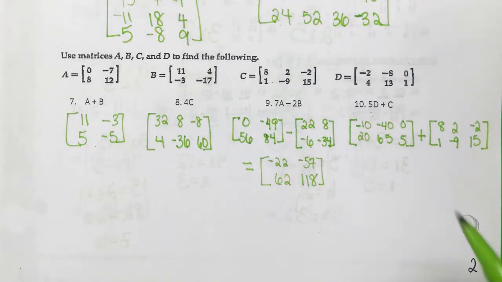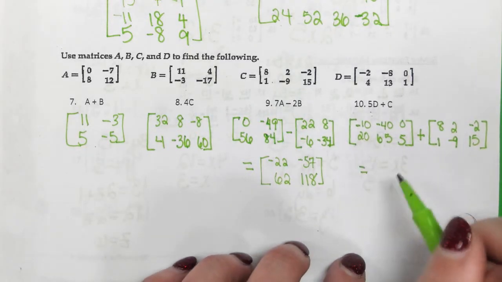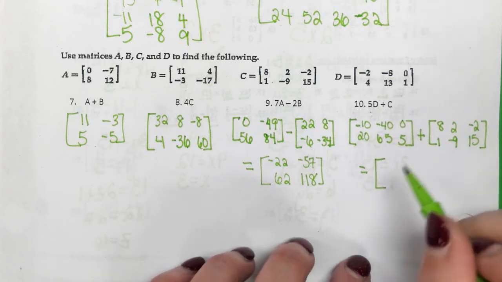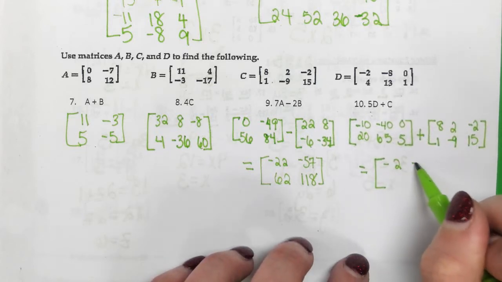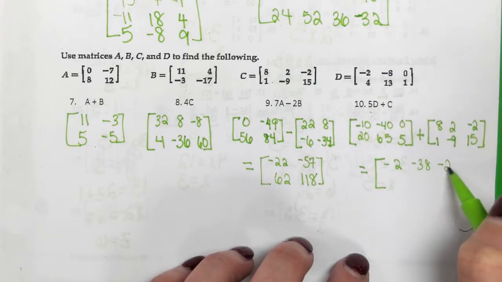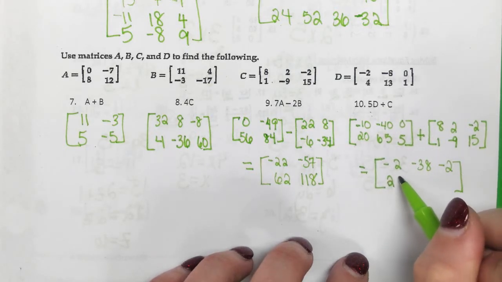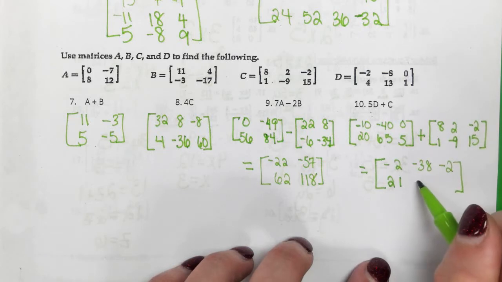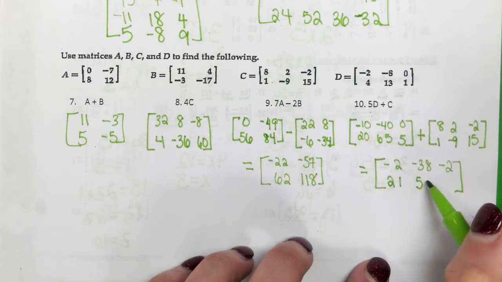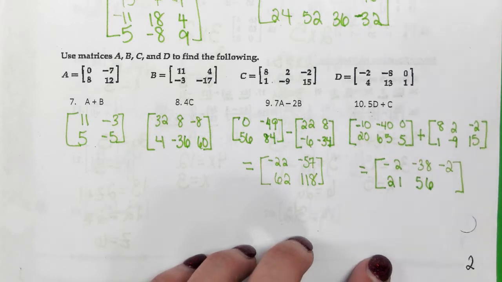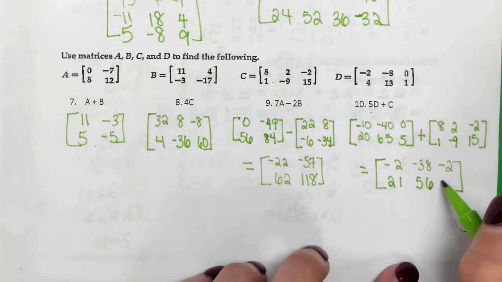Katie, getting this? Okay. Adam, what do you get? Negative 2, negative 38, negative 2, then add 21, 54, 56, and then 20.